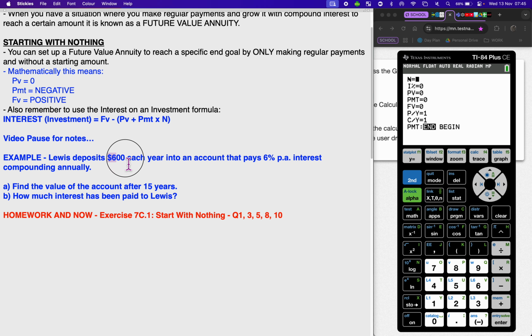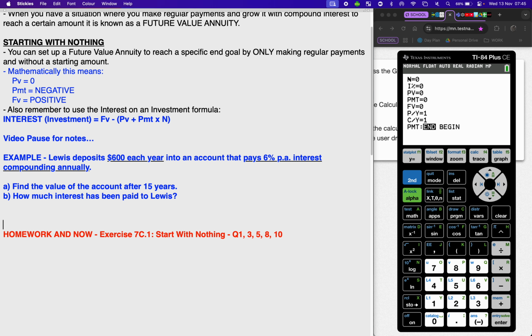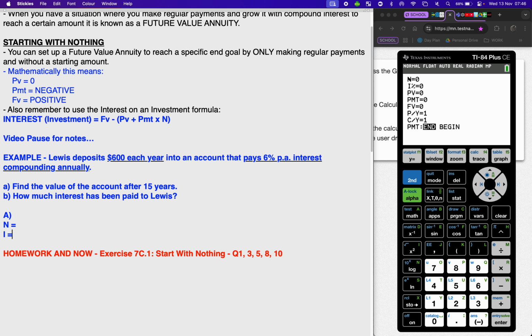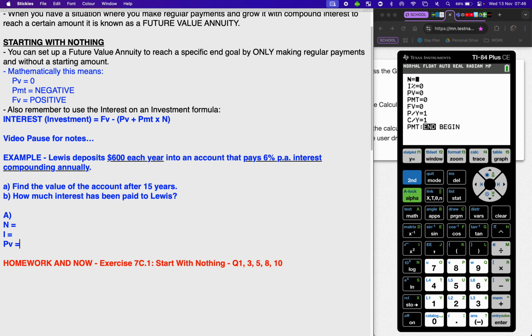Lewis deposits $600 each year. So that's something important. I'll underline that. Paying 6% per annum interest compounding annually. All that's important too. Find the value of the account after 15 years. So when you answer questions using TVM Solver, get into the habit of just typing out the variables first, because you're going to have to enter those anyway.